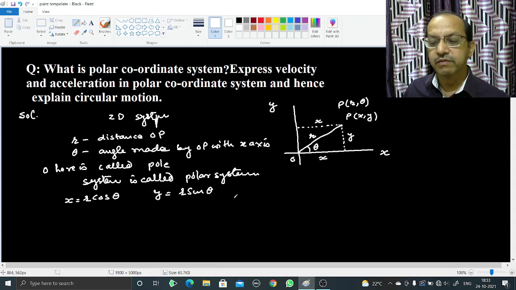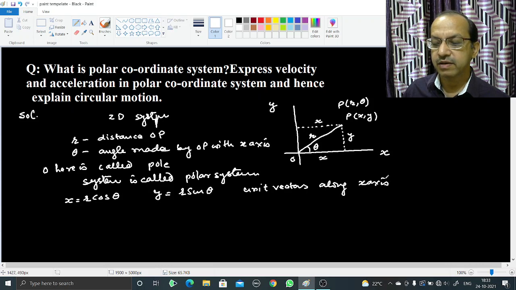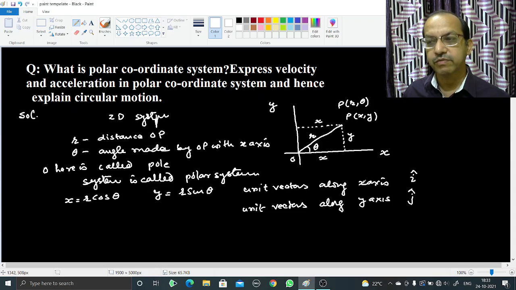Now we are also familiar with the unit vectors along the x-axis and y-axis. The unit vector along the x-axis we write as i cap, and the unit vector along the y-axis we write as j cap.